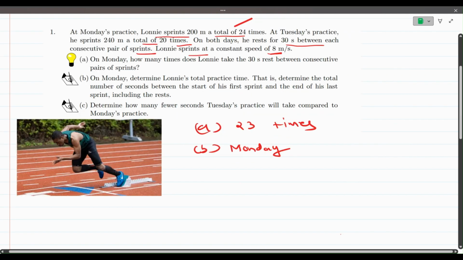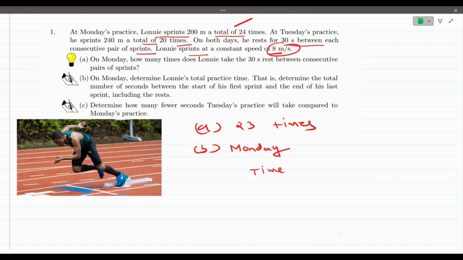On Monday, first we have to find the time for one sprint. His speed is 8 meters per second. So the time for one sprint would be 200 over 8, and that is 25 seconds. So his total time for Monday would be the time for the sprints, which is 25 for one, so for 24 sprints we multiply, plus there is a rest of 30 seconds, 23 times.